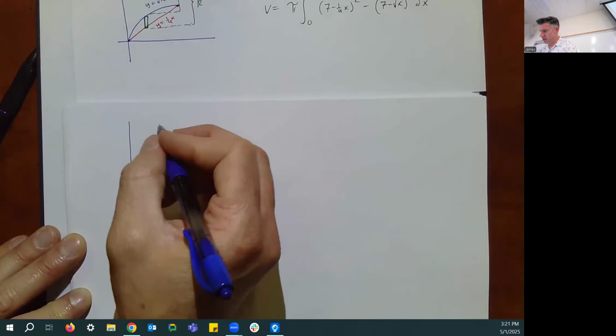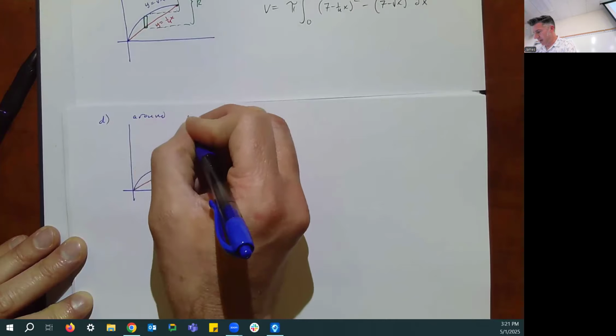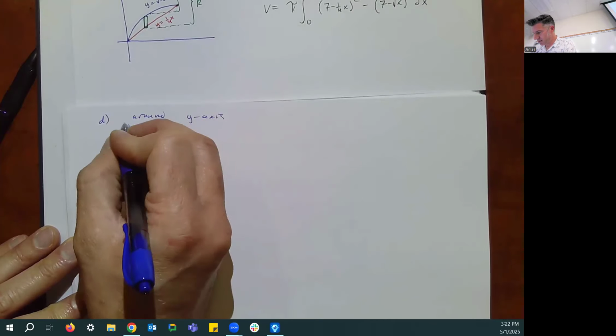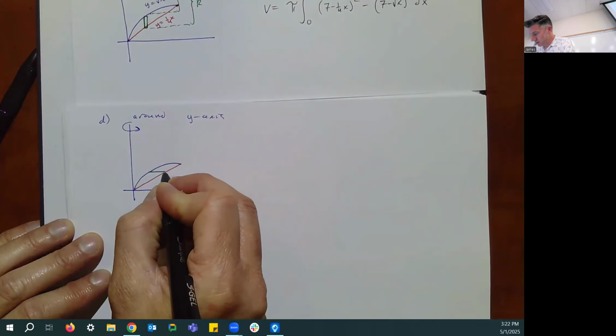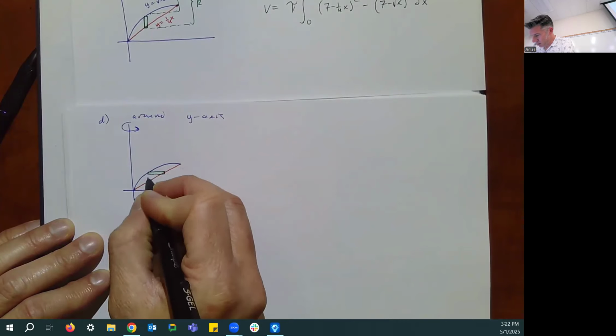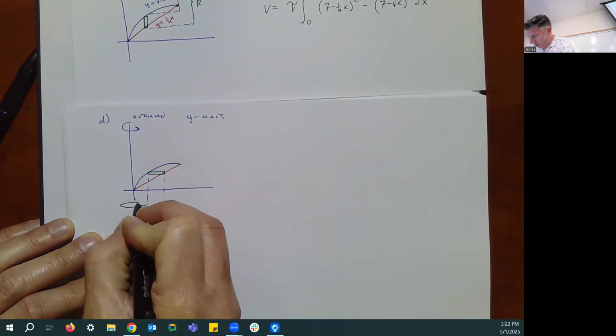So now if I go around, say, the y-axis, now my strip has to be horizontal. And I rotate it around, I'm going to get a washer.